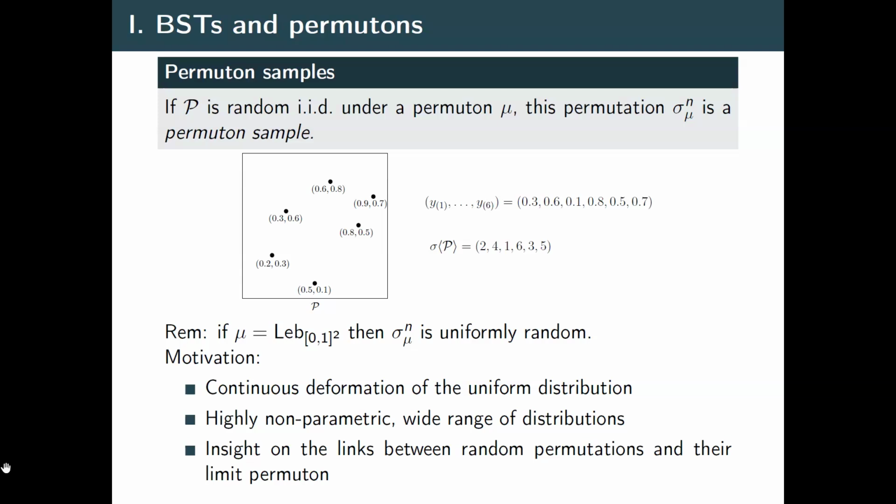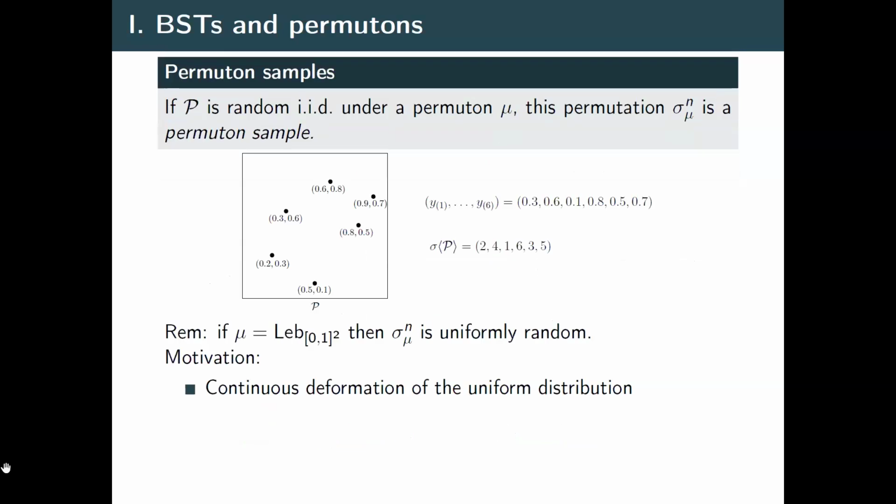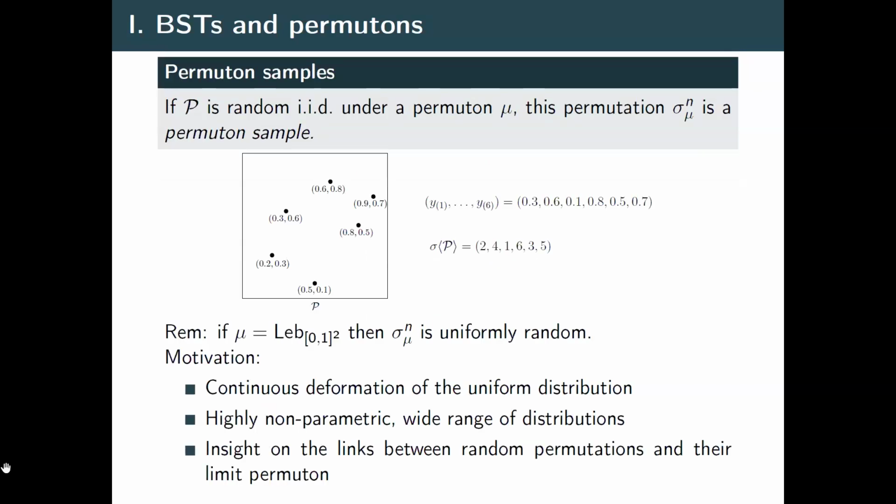So if you go back to this permuton here, as I said, it's the limit permuton of Mallows random permutations. Now, you can use this permuton to sample random permutations. These random permutations will not be Mallows distributed, but we have good reason to believe that they have very similar properties as Mallows random permutations. So studying permuton samples can give us a lot of insights on other types of random permutations.